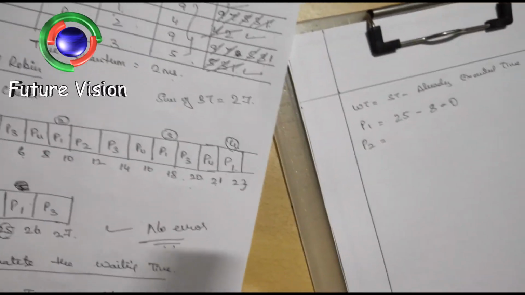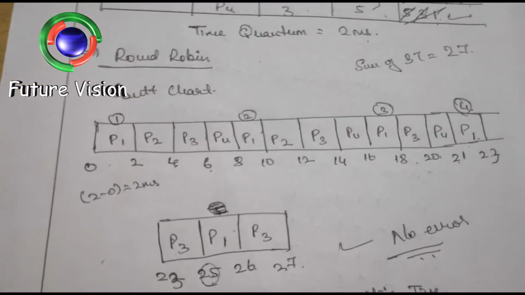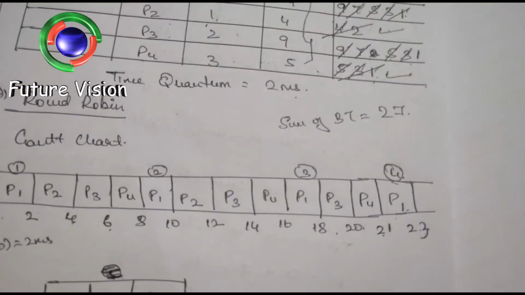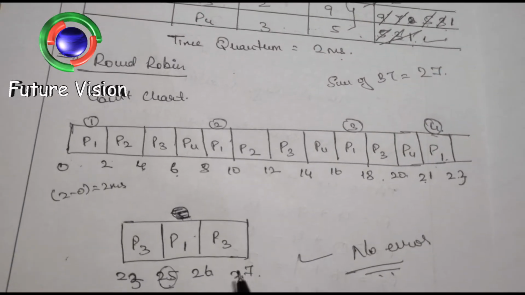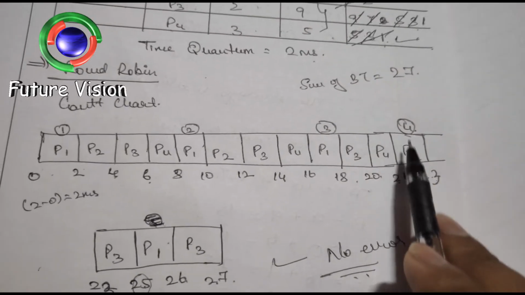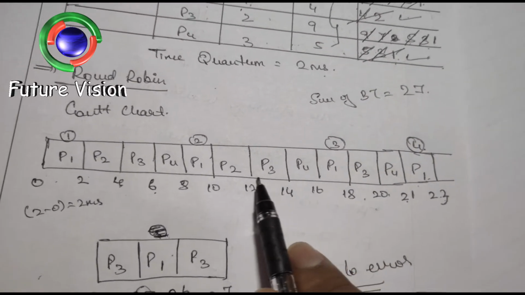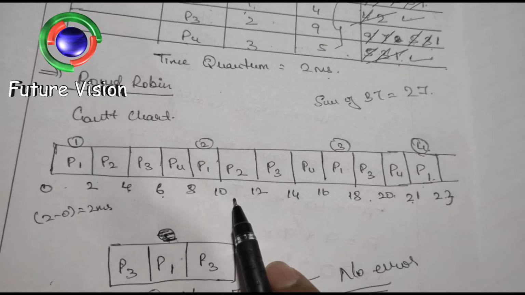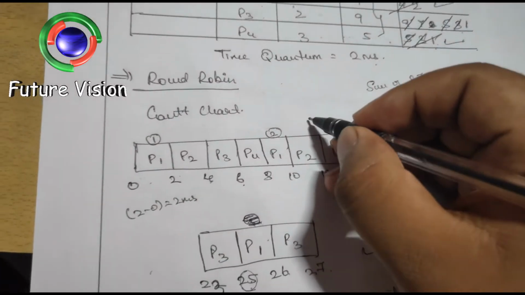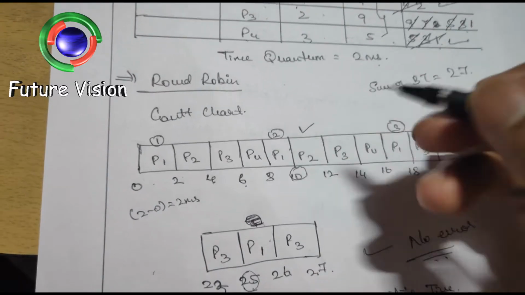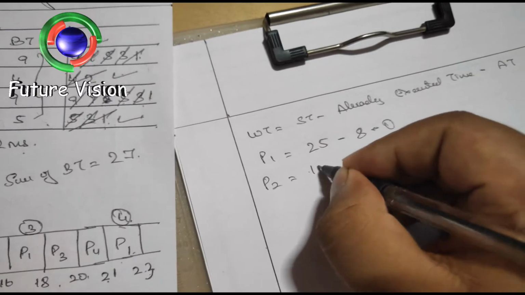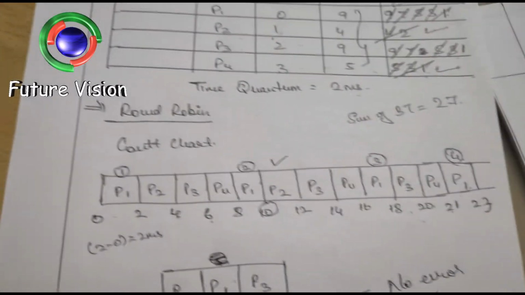P2 equals, the same way. Now P2, the last occurrence of P2 was here, right? We don't have P2 anywhere after that. The last occurrence of P2 is 10, so I'll consider the service time of P2 to be 10, minus the already executed time.